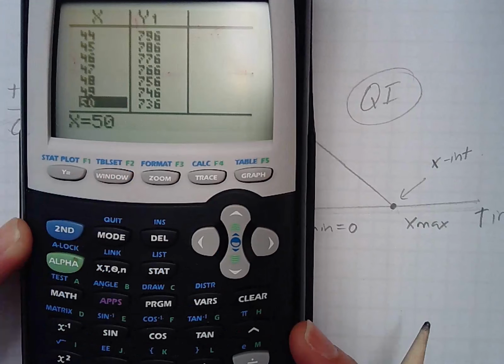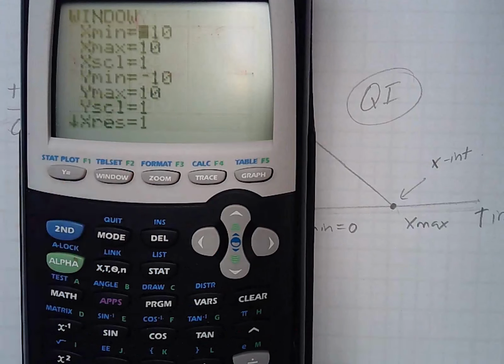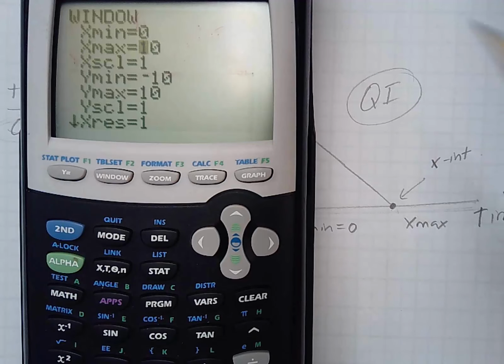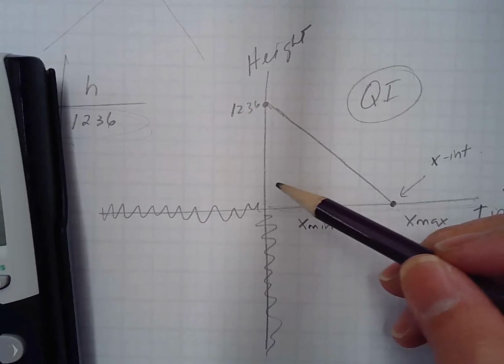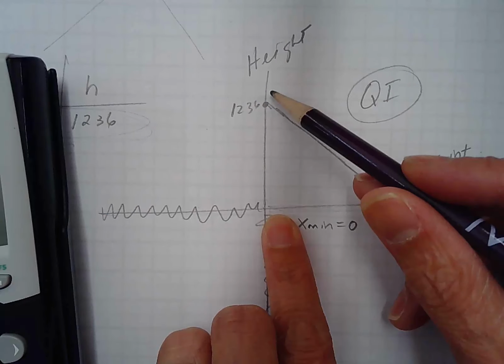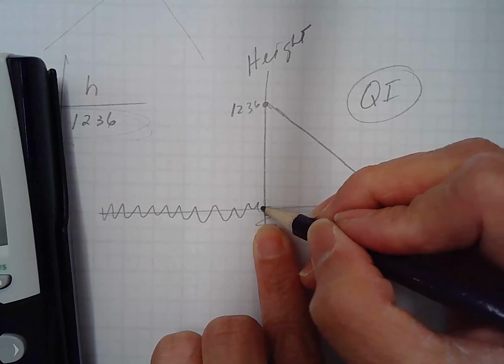Okay, so let's go to window. X minimum is 0, and then the maximum is, did you say 500? Okay, let's go. We can adjust it. We could always go back and adjust this later. Okay, now with the y's. What's our lowest y value? 0.